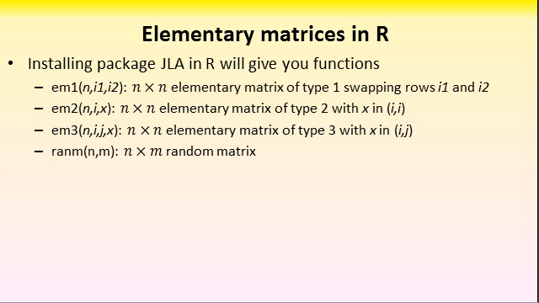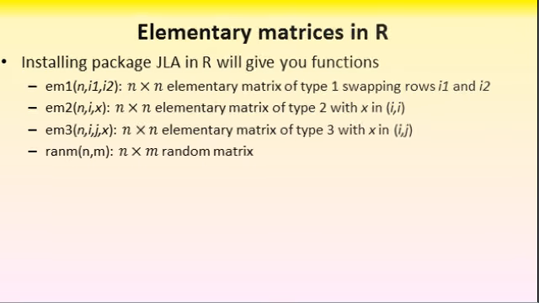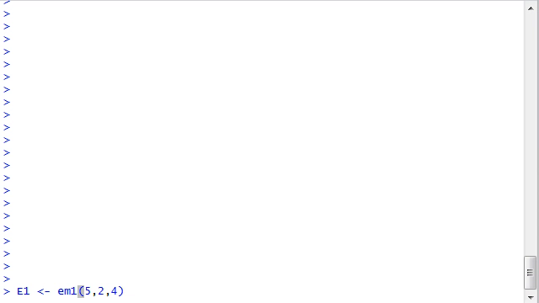Next, let's take a look at the inverse of the elementary matrices. They are all square, so it's possible that they are invertible, and it turns out that every elementary matrix is actually invertible. Let's begin by looking at the swap matrix. So here I've swapped rows 2 and 4 of I5.